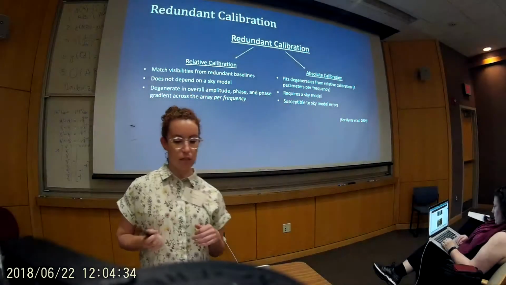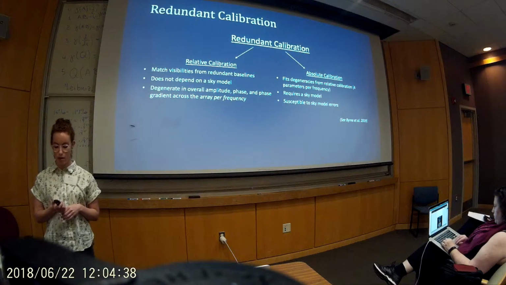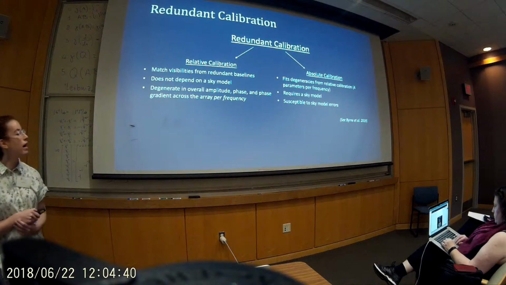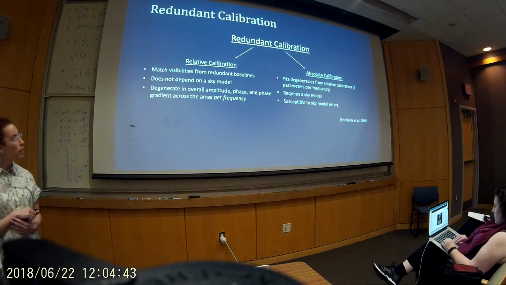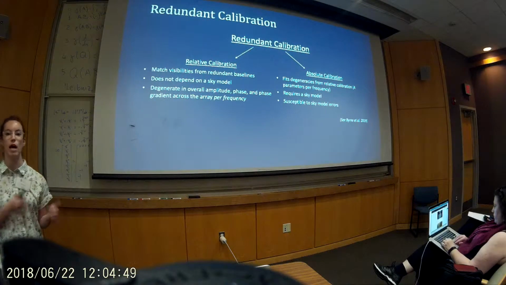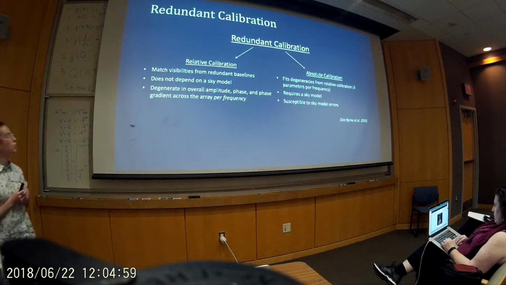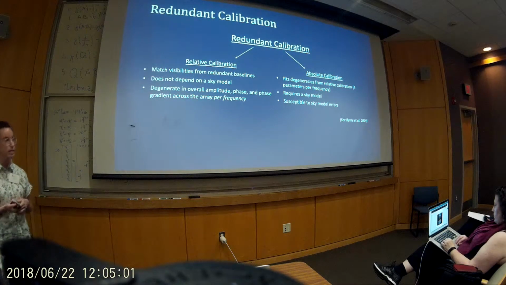And the reason we still encounter these errors is that redundant calibration consists of two parts. This is the framework that we developed in a paper that was published recently, where we talk about redundant calibration being composed of relative calibration and absolute calibration. Relative calibration is the redundant part of redundant calibration, where we match these visibilities from redundant baselines.